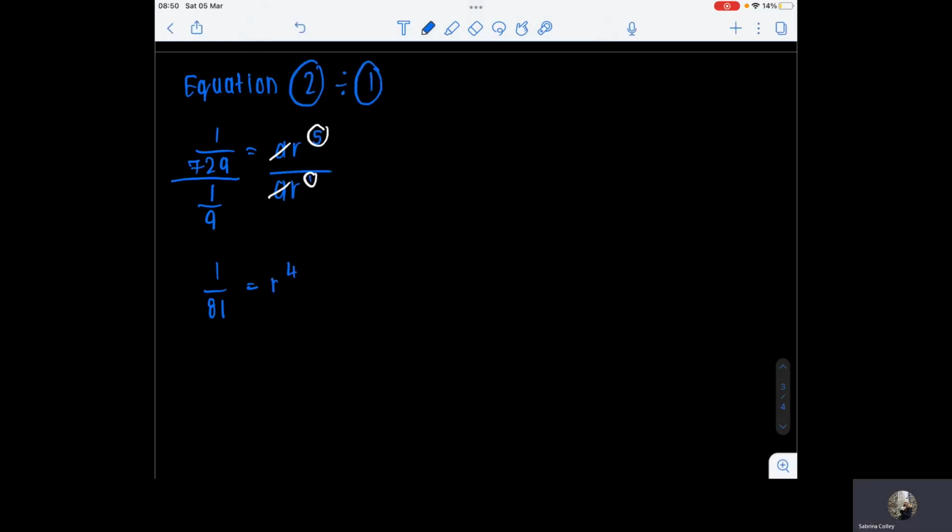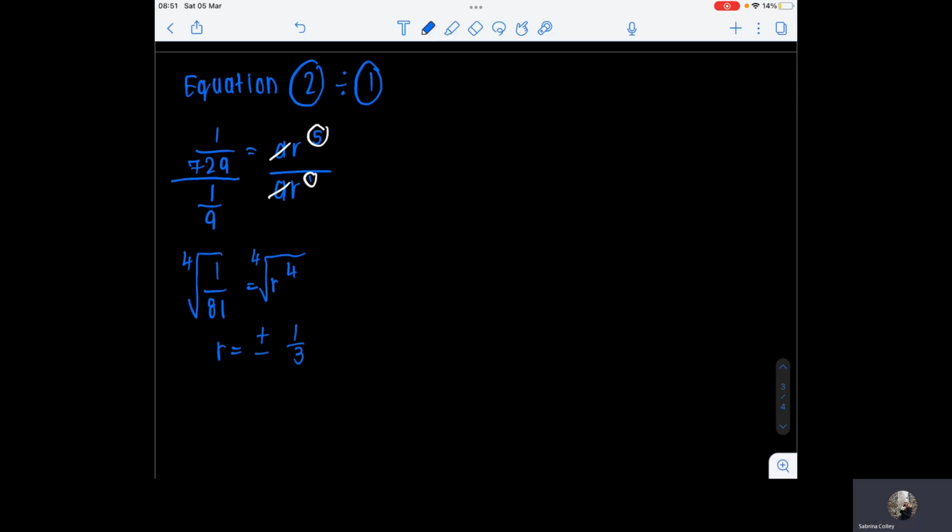And then obviously I'm going to root the other side. So I'm going to root by 4, and I get R is equal to, and because it's an even exponent, I know it's going to be plus or minus 1/3.